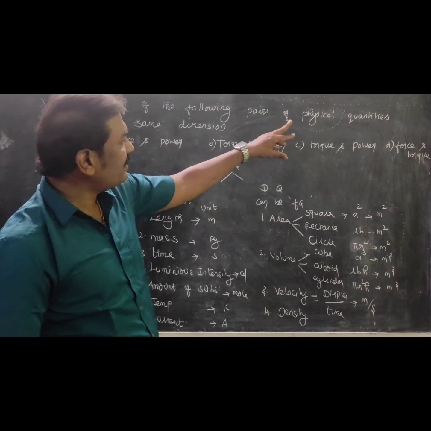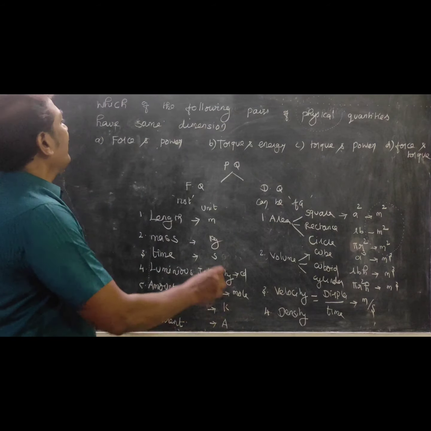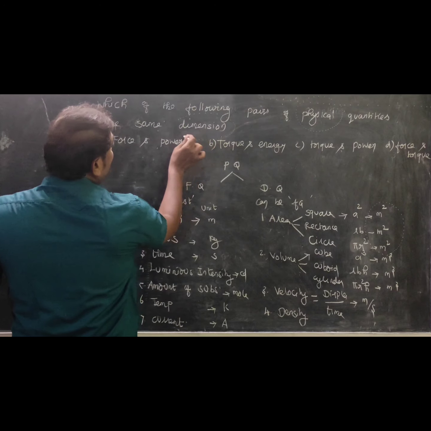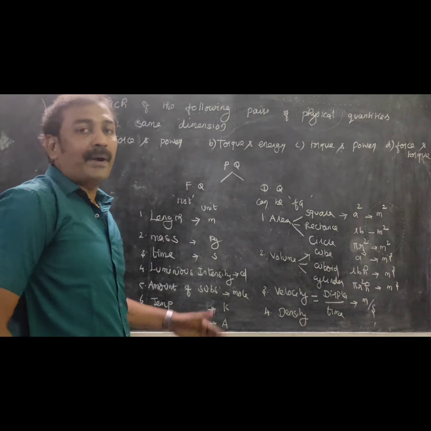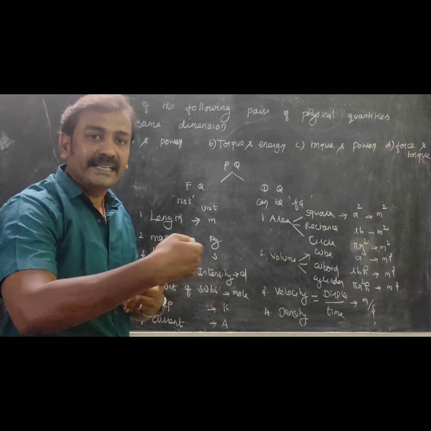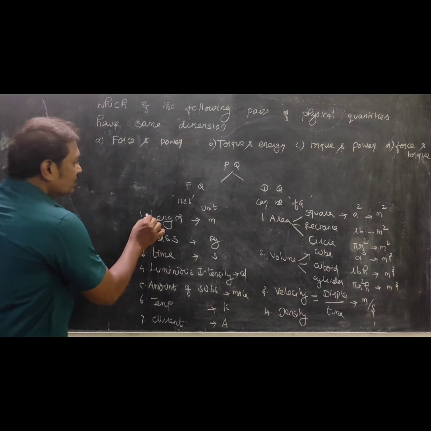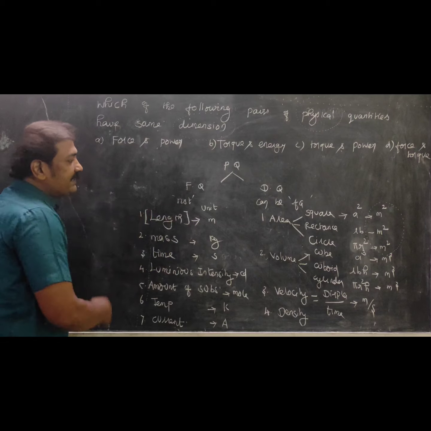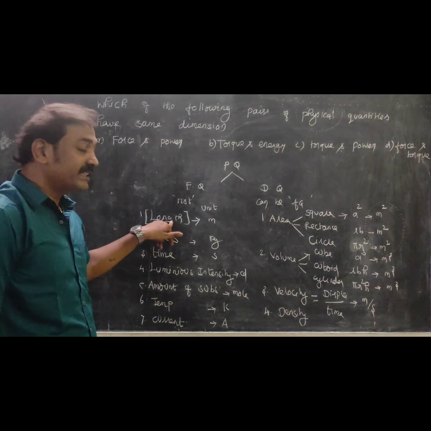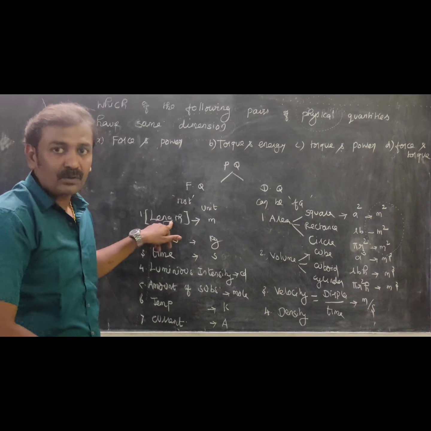Sir, how can we denote these physical quantities in terms of dimension? When you put a bracket like this, it becomes a dimensional quantity.